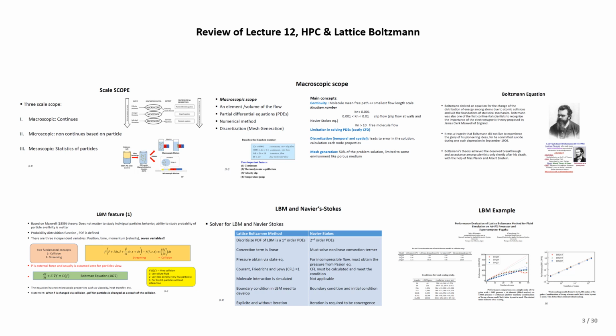Then we presented the comparison between the lattice Boltzmann method and Navier-Stokes, showing the differences between these methods, with some advantages and some disadvantages. Then we talked about two examples in the lattice Boltzmann method.